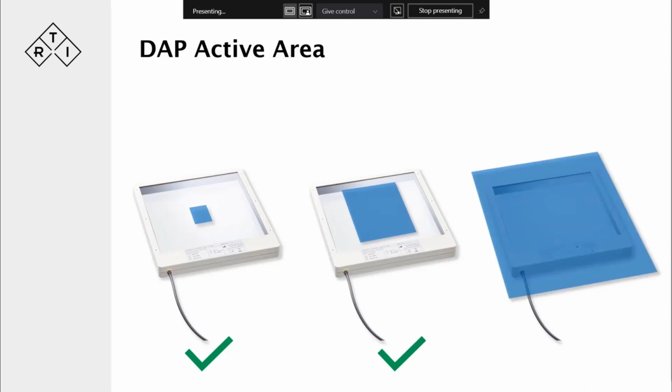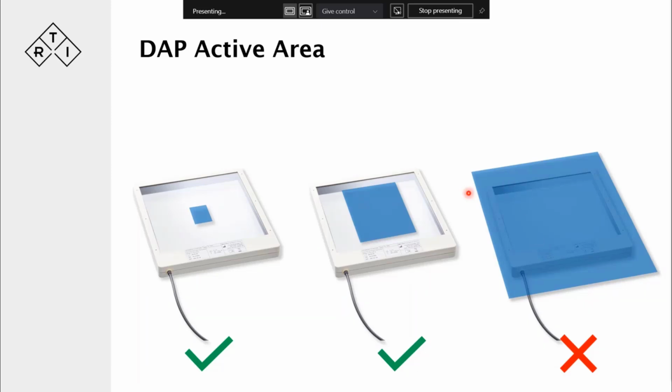But if the radiation goes outside, if it's not inside the frame of the DAP chamber, of course, we don't know what the radiation is like, because we have radiation outside the DAP chamber which is not accounted for. It's not measured. And in those cases, that's not a valid way of working with a DAP chamber.